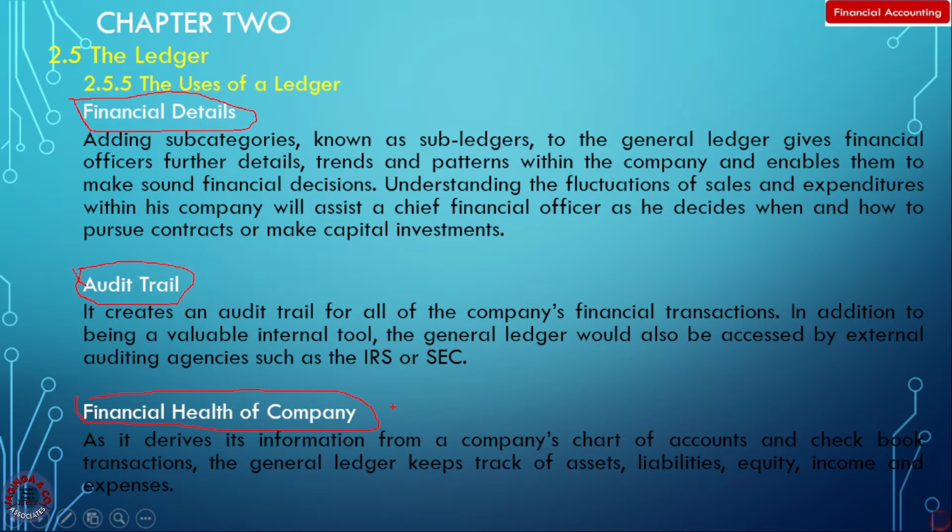When you check the assets versus liabilities, you can also know the liquidity of that company, and the liquidity will tell you the financial health of that company. Again, when you check on the revenue and expenses, you can tell that this company made this revenue in this particular month, and it made these expenses in this particular month. So you can always tell whether the company is making a profit or loss. So it will tell you the financial health of that company.